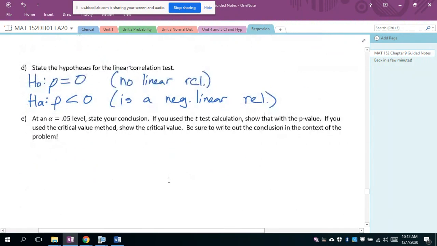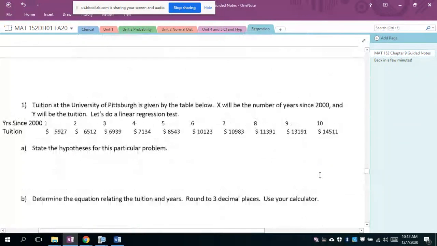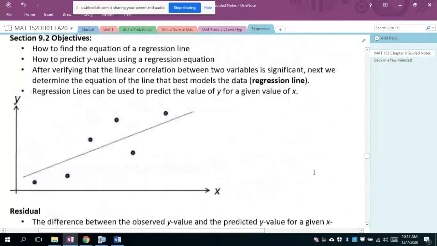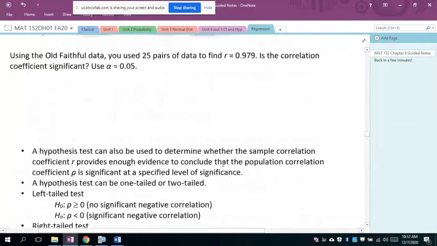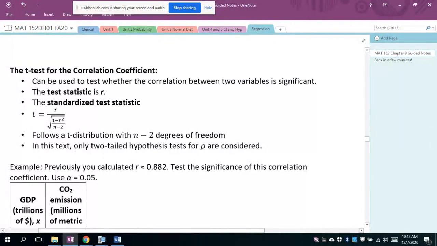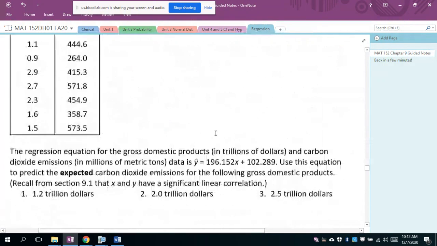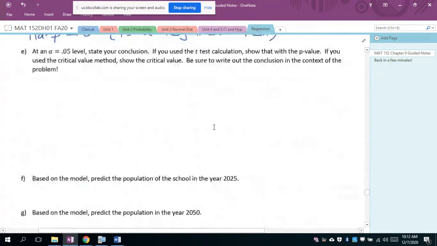Now, what we can do here is we can actually use the t calculation. So the formula for t, it's actually really easy to do. It is r over the square root of 1 minus r squared over n minus 2, and it'll have a distribution with n minus 2 degrees of freedom.